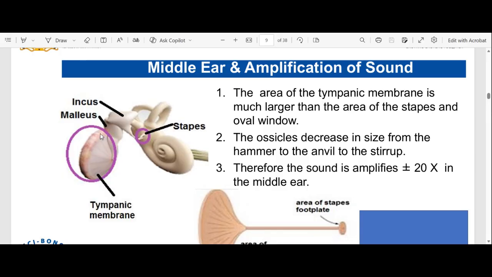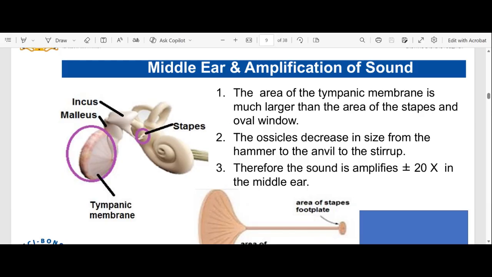Our tympanic membrane is connected to our hammer, which is larger in size. Our hammer in turn is connected to our anvil. Then our anvil is connected to our stapes, and our stapes is connected to our oval window.